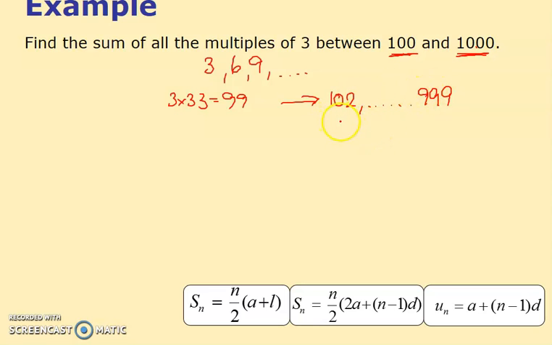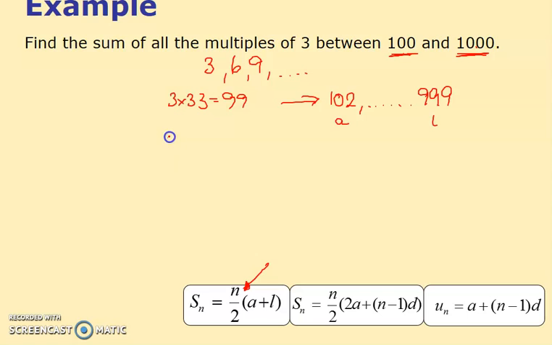So I've got my first term and I've got my last term. Do I know how many terms there are? Oh, that's a question, because I will need to know that if I'm going to use this. So, how many terms will there be? There's a question.